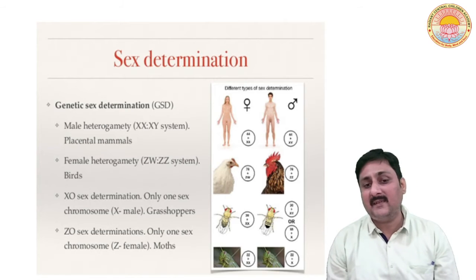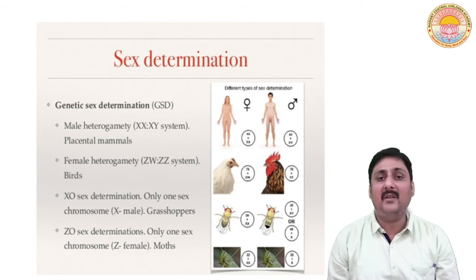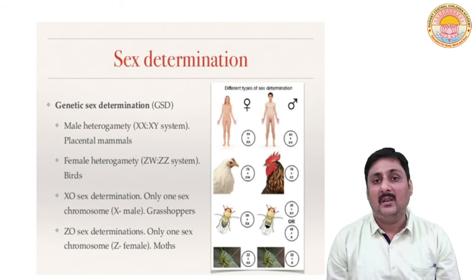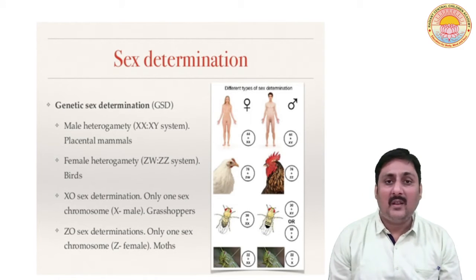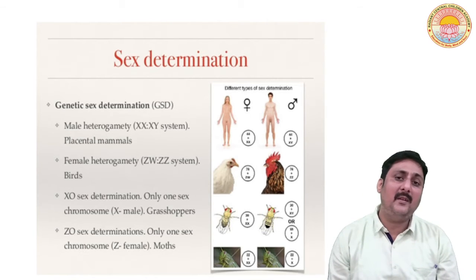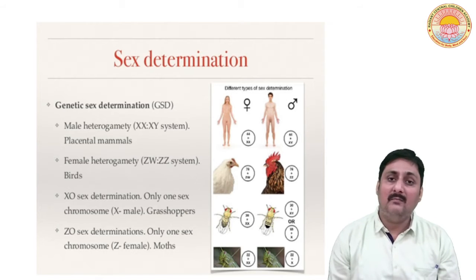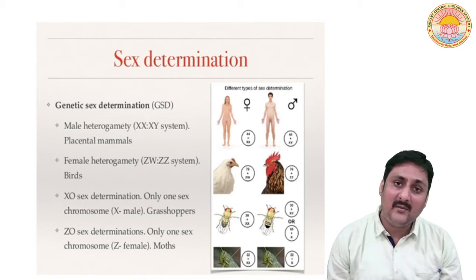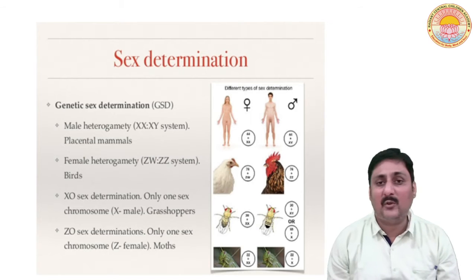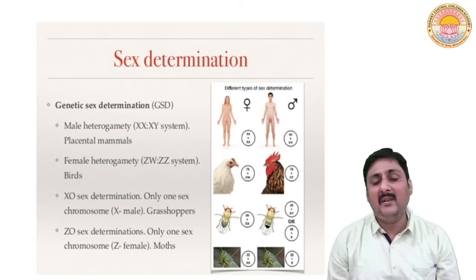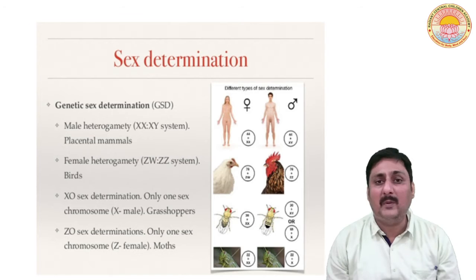Now this same sex determination applies in Drosophila, or fruit fly, also. In that case also, XY chromosomes are present in males and XX chromosomes in females. In both human beings and Drosophila, males can produce two kinds of sperms.